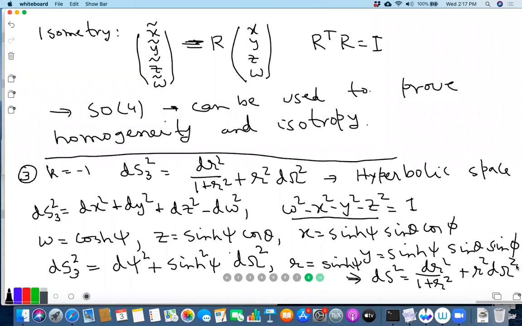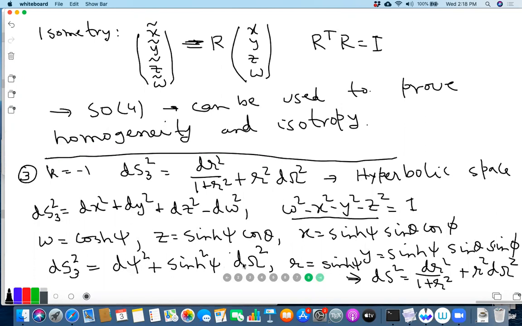So the four-dimensional metric is still Euclidean, right? Yes, indeed, it is Euclidean. The four-dimensional metric is Euclidean. You are considering a three-dimensional metric. No, in the ds3 square you have written minus dw square. Yeah, okay. So the point is, this looks like a non-Euclidean metric, but once you impose this condition, then this becomes a Euclidean metric.